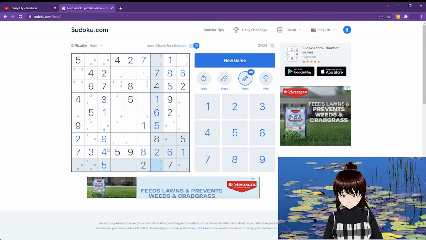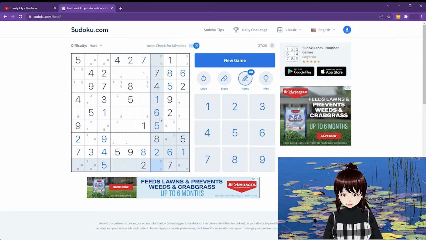Okay. These aren't exactly figured out yet, but they're getting pretty close, so I'm going to leave this set of squares alone and work on this center part. Okay, that's going to be the most interesting one now, I think. Okay. 1.